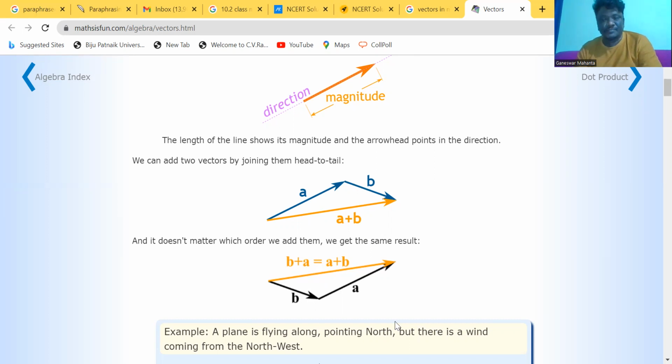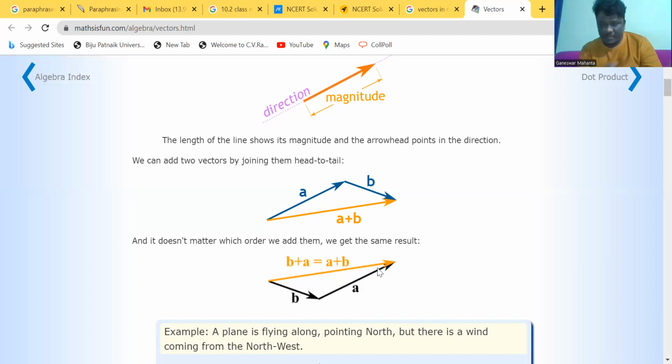You can see two vectors are represented: the A vector and another, the B vector. This is the A vector and this is the B vector. And this is the resultant vector, which can be represented as A plus B. That is also called the triangle law of vector addition.